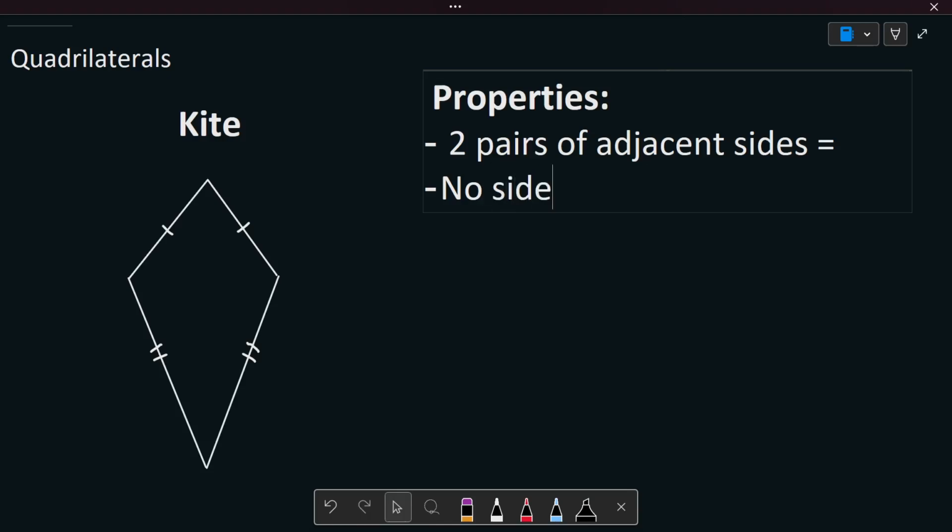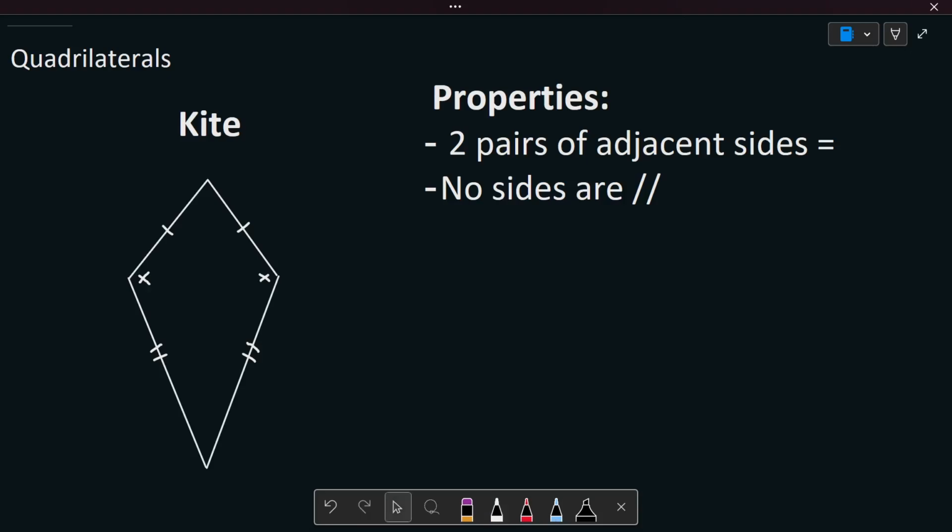No sides are parallel. Okay. Now what are we going to look at next? We're going to look at the angles. Now what I can actually do is say this: that this angle over here is going to be equal to this angle over here.